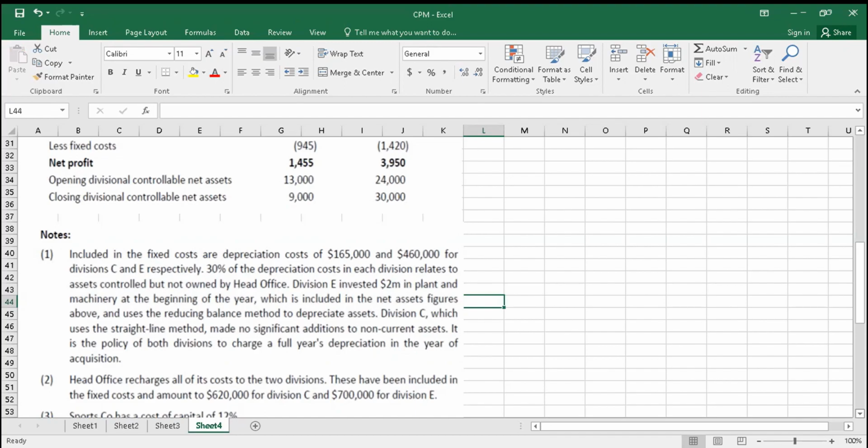Okay, it's not the entire amount. 165,000 and 460,000 are depreciations, but they are controlled by head office. So only how much would it come?